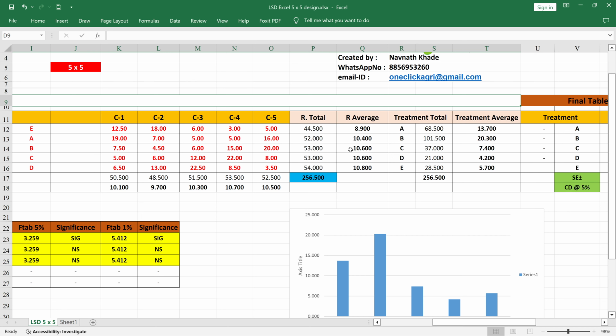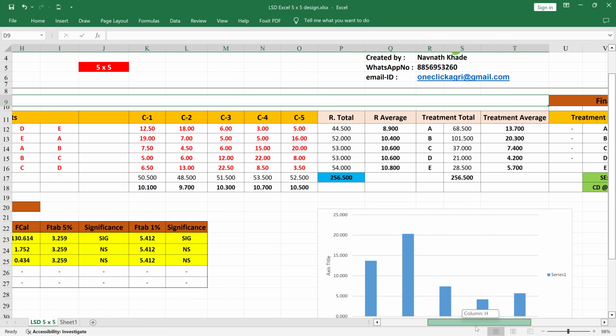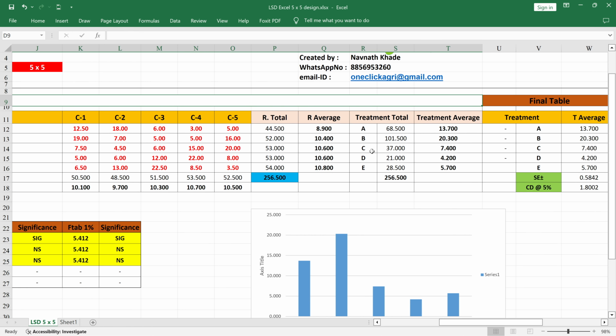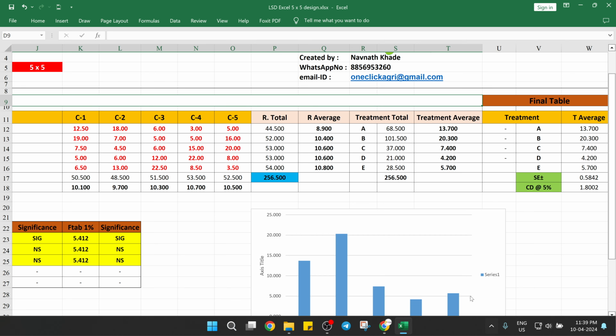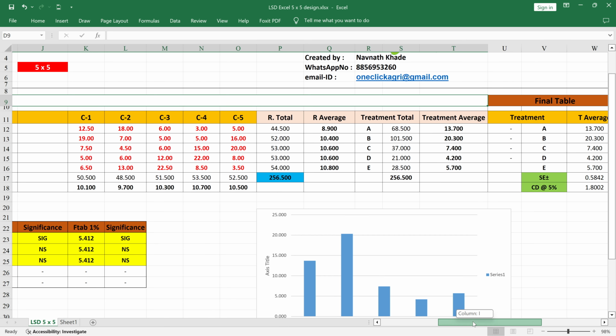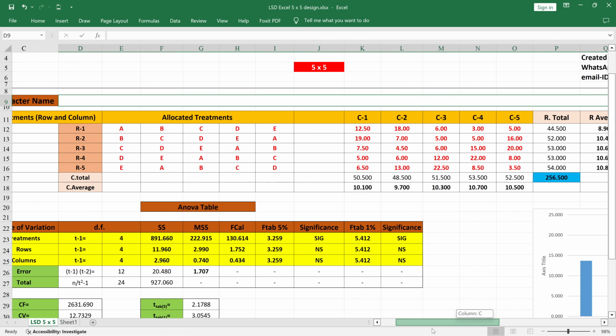Okay, then next is very important. When you are going to do the treatment total, it's a little bit tedious task, and we developed this in our design to do it automatically. You can see here, if you consider treatment A, then you have to sum up all the A treatments.